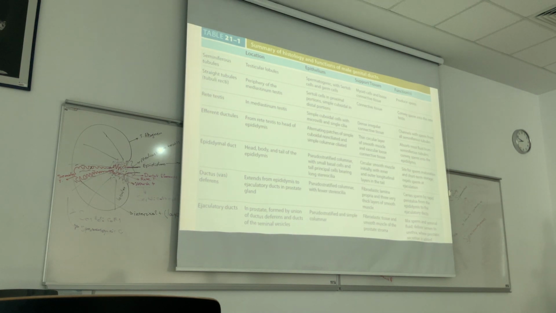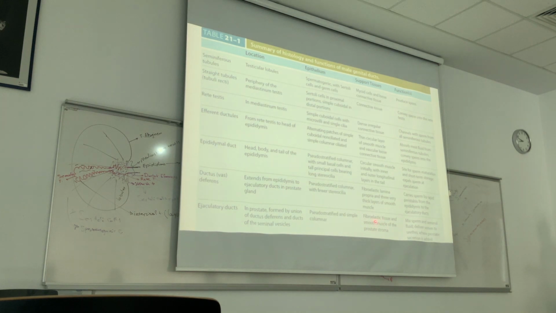And also we have the ejaculatory duct, the end piece of the ductus deferens, on the inner side of the prostate. These ejaculatory ducts are formed with pseudostratified and simple columnar epithelium and have fibroelastic tissue in the connective tissue or lamina propria, and also have smooth muscle cells.